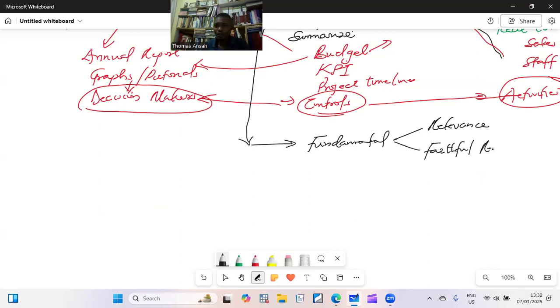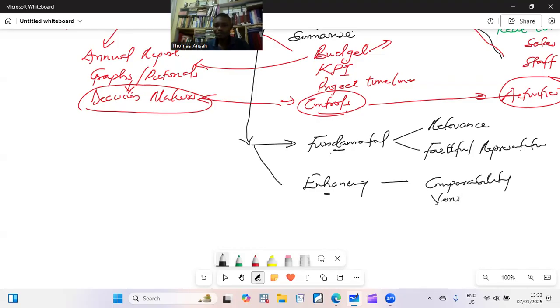Then we talk about the enhancing ones. One separates useful information from non-useful information, and the other separates more useful information from less useful information. They talk about comparability, verifiability, timeliness, and understandability. So these are what you learned in financial reporting, right?